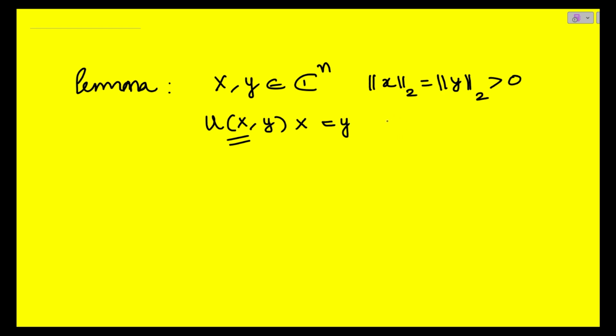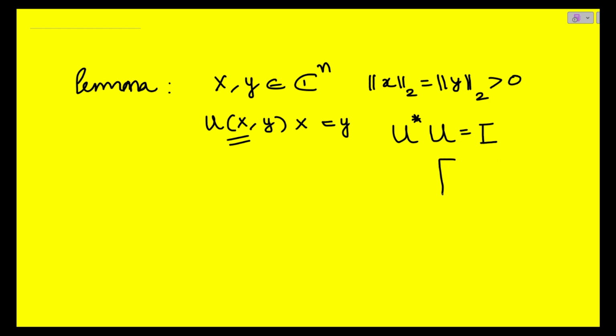Just to recall, a unitary matrix means a matrix U where, when you do U star and multiply by U, it gives you an identity matrix. U star means you're taking the conjugate and then the transpose.